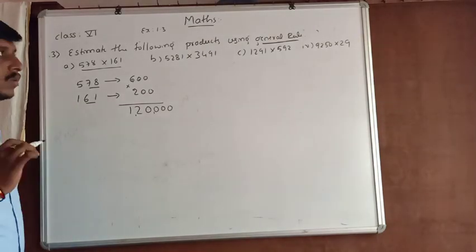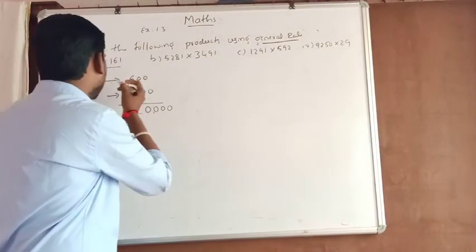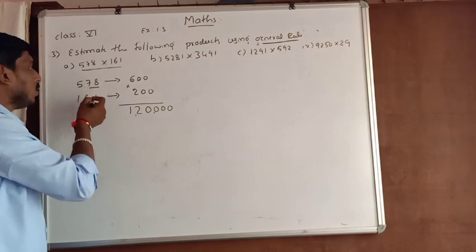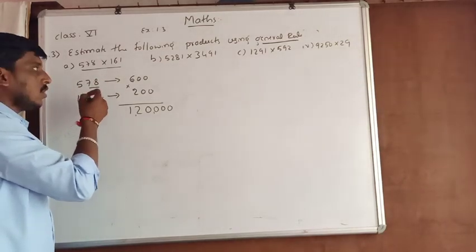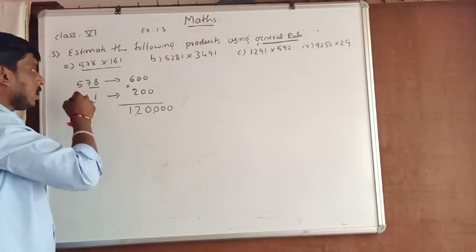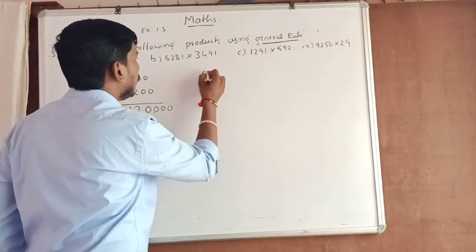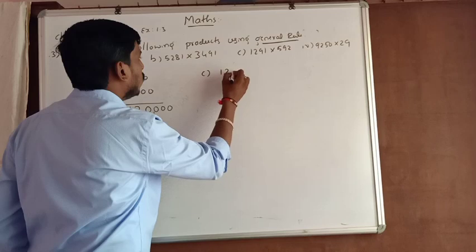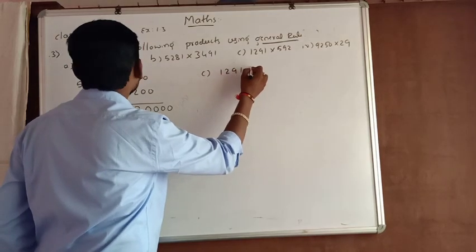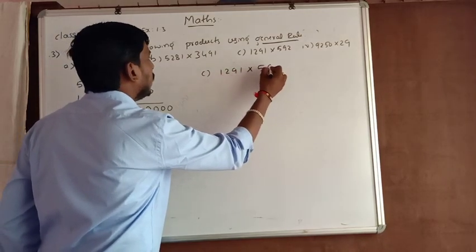So general rule means what? If you take tens, take both values to the nearest 10. If you take 100, take both values to the nearest 100. I will take one more question: 1291 into 592.